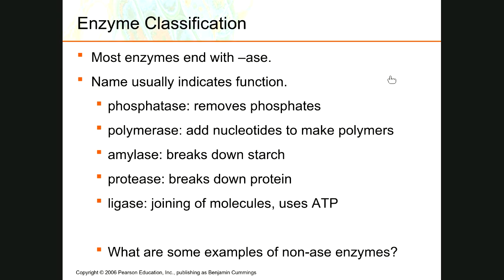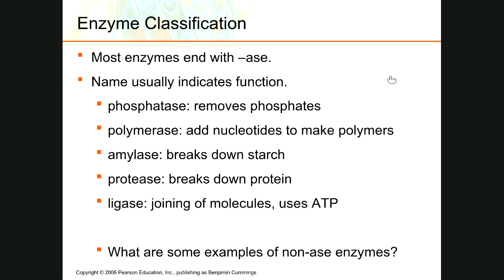Now, there were certain enzymes that were already known, and people were already experimenting with them before they started using ase. Does anybody know any examples of enzymes that do not end with ase?